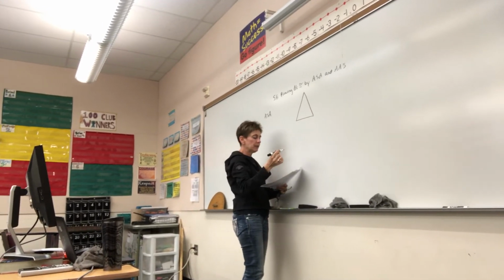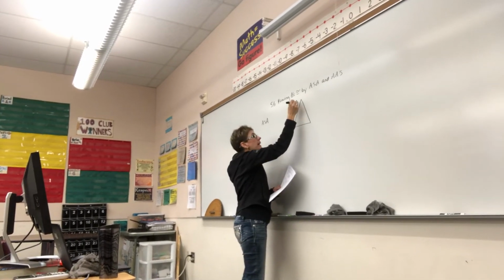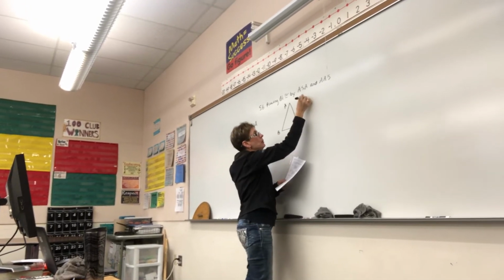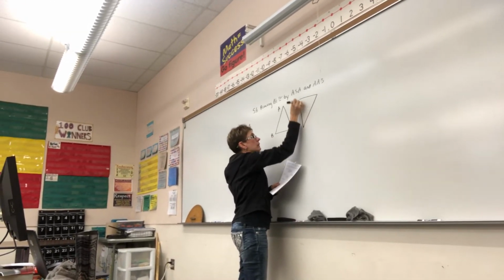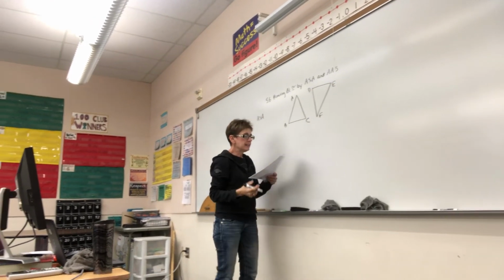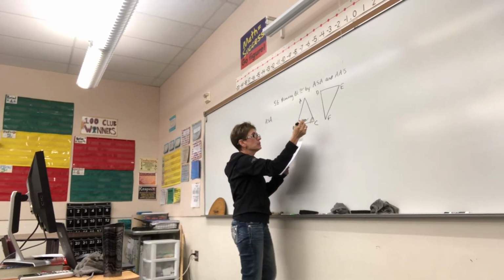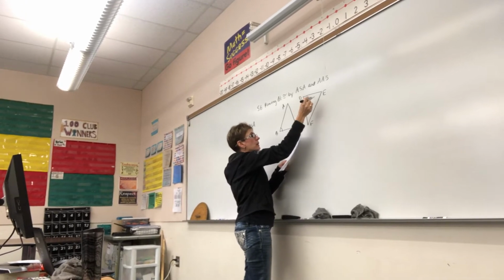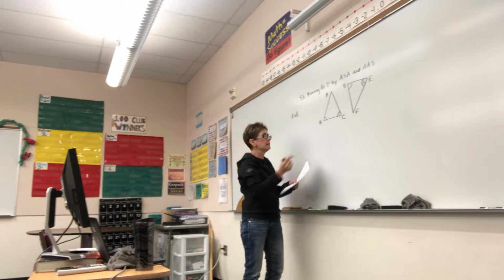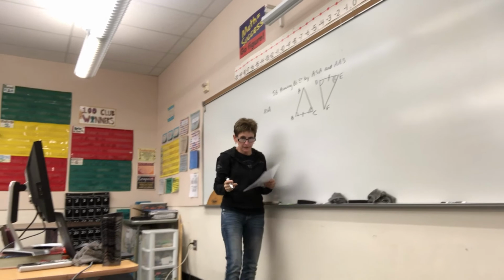So basically, if we've got 2 triangles, let's call the first one A, B, C, and then the second one we can call D, E, F. And it says you have 2 angles on the first triangle that correspond to 2 angles on the second triangle. And the included side of the first triangle is congruent to the included side of the second triangle.